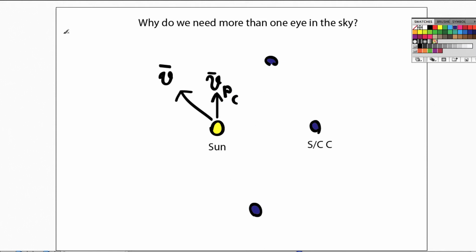Let's call this one spacecraft A, and this one we will call spacecraft B. Spacecraft A illustrates the location of the STEREO Ahead spacecraft, and spacecraft B will illustrate the location of the STEREO Behind spacecraft.